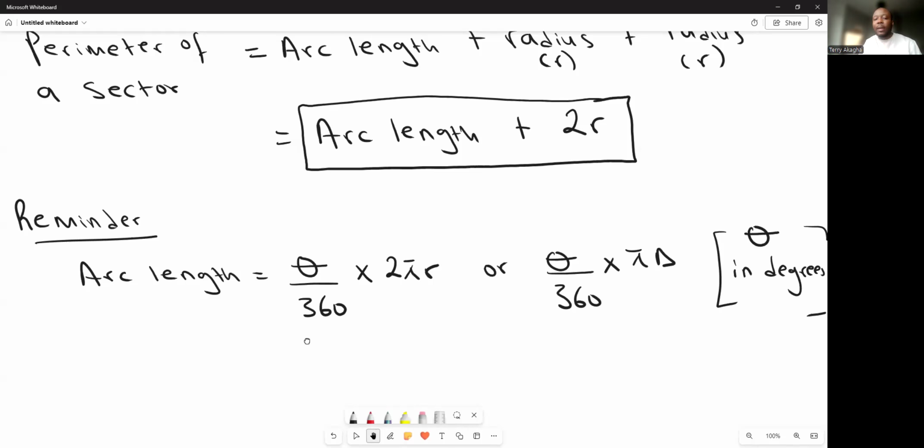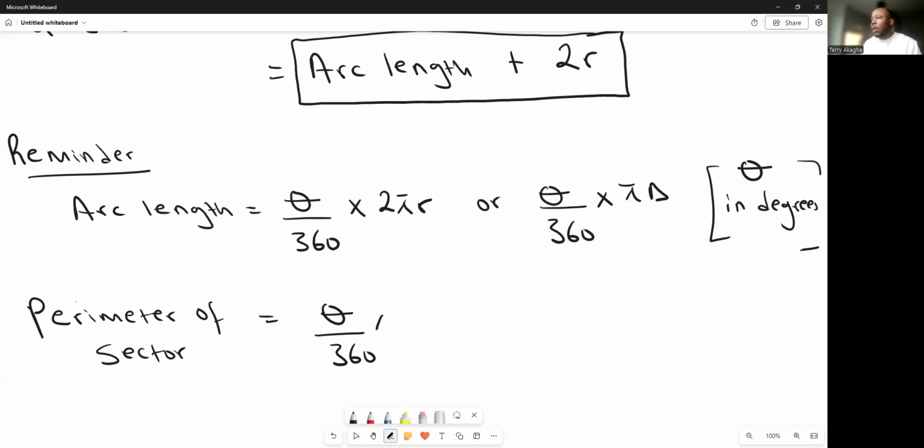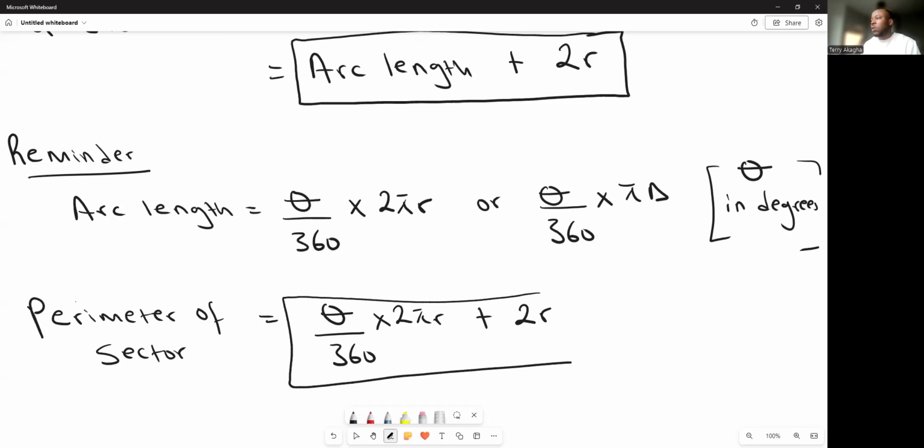So we can then put this in the formula. So the perimeter of a sector will be equal to the arc length, which is theta over 360 times 2 pi r, plus 2r, if theta is in degrees.